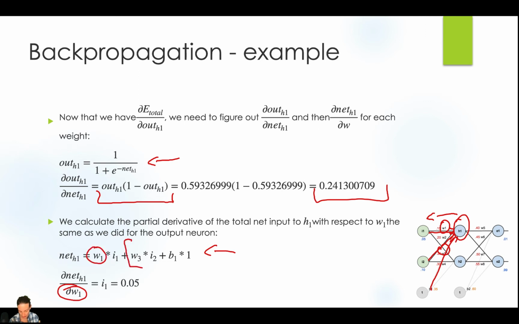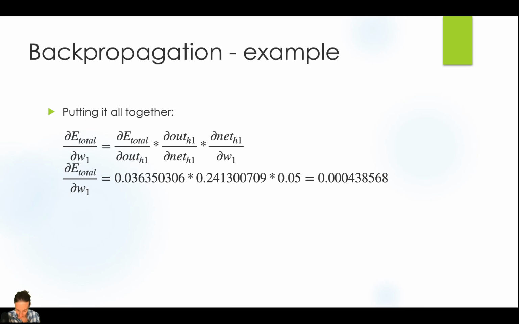The bias is a constant, so it drops to 0 if we take the partial derivative. The partial derivative of W1 is 1, and the other factor is considered a constant in the multiplication, meaning I1 is all that's left. We fill that in. I1 is 0.05.